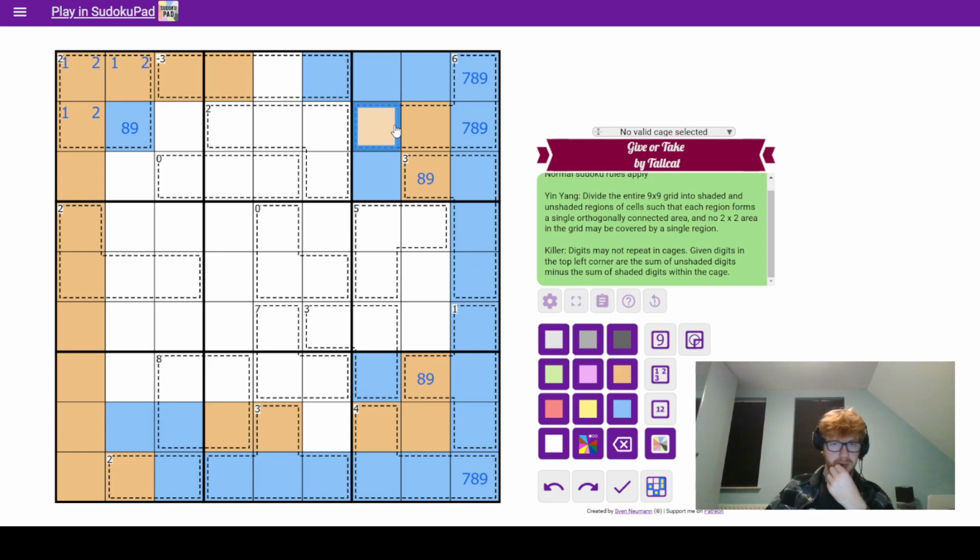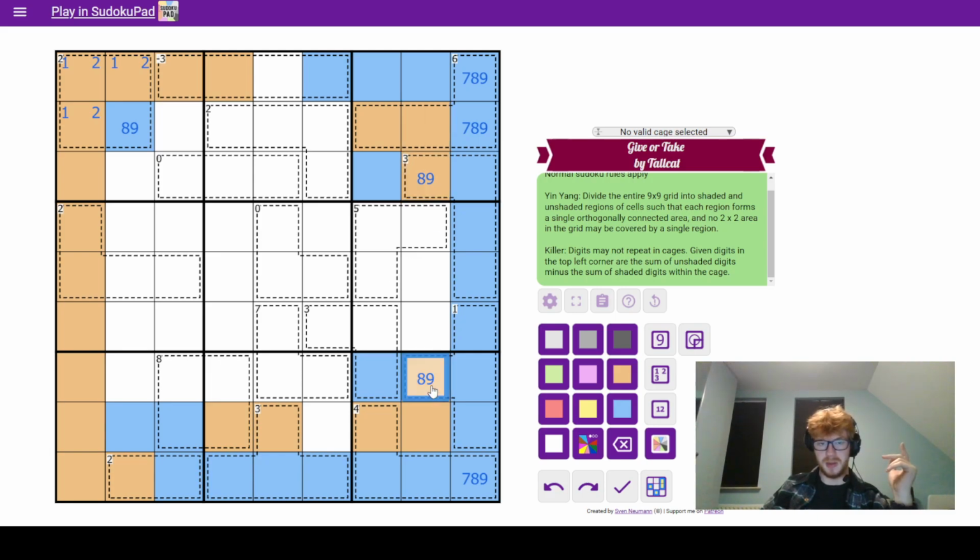Blue minus orange, right? So if this is 17, that would be 11. This is 15. Oh, wait, no. That couldn't be 9 because of the 8-9 pair. I did miscount, but my deduction was correct. 15 minus 9, yeah, it will be 6.